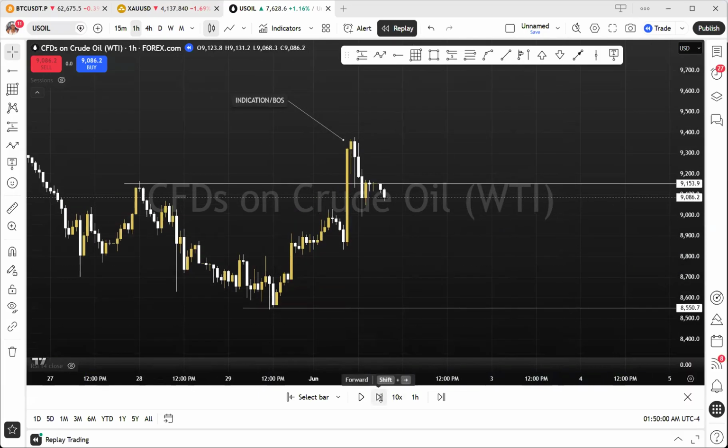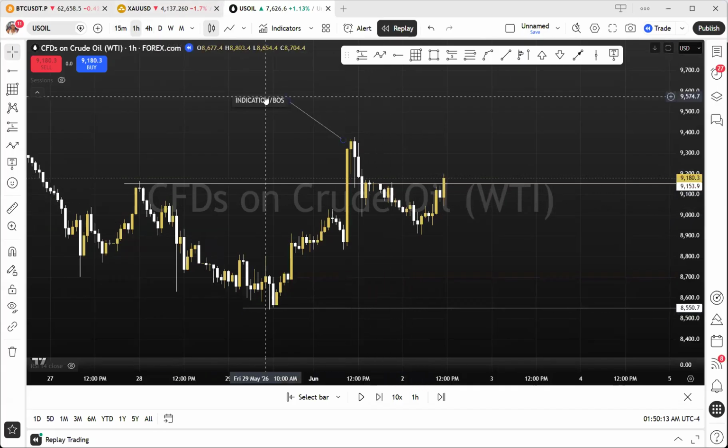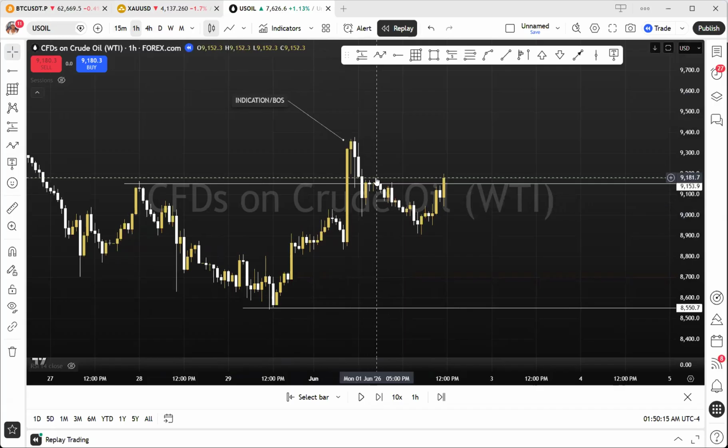And once price is there, you let price do its thing, right? If you notice, on a lower time frame price is giving you lower lows, lower highs, lower lows, lower highs, lower lows.